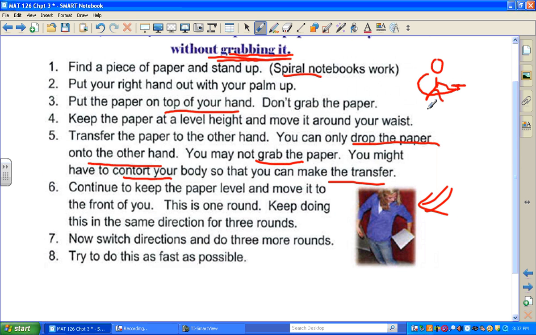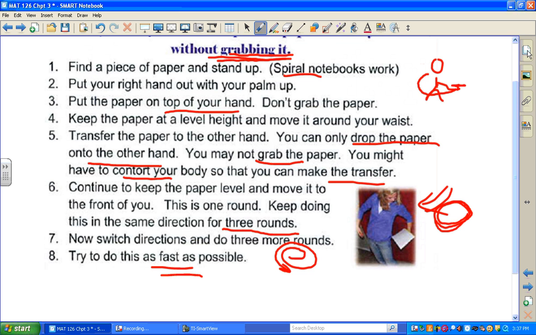Keep it at a level height. Continue to keep the paper level, move it in front of you. This is one round. So you're going to go around yourself 3 times, 3 rounds, and then switch directions and go 3 more rounds the other way. Try to do this as fast as possible.